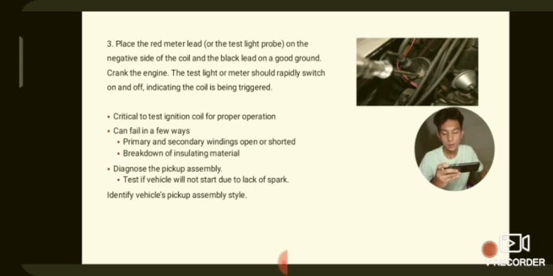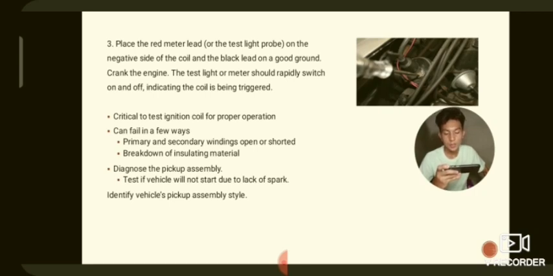So, it is critical to test the ignition coil for proper operation. It can fail in a few ways: primary or secondary winding open or shorted, breakdown of insulating material. Diagnose the pickup assembly.